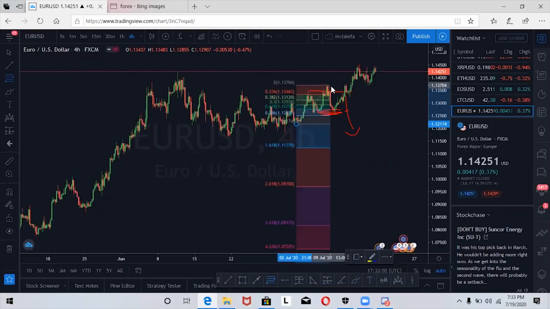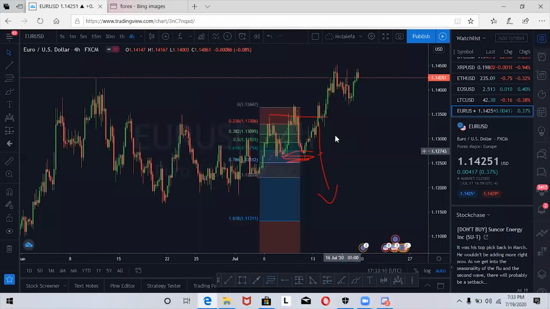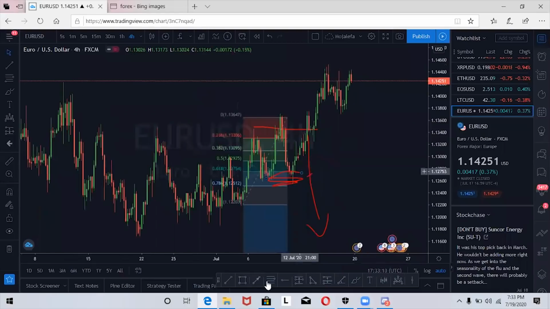Yeah. So you see what I mean? Let me zoom in a bit. So you see what I mean about the 61.8? Somewhere here is the perfect entry zone for a head and shoulder. So which is nice.